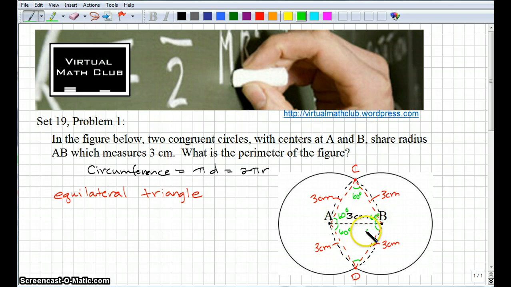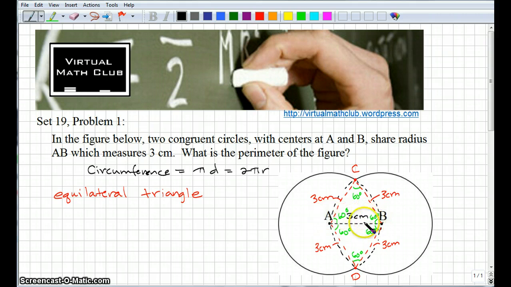60 degrees, 60 degrees, and 60 degrees. So, let me go back up here and grab a black pen. You can see the angle from AC to AD, this angle here, is actually 120 degrees.